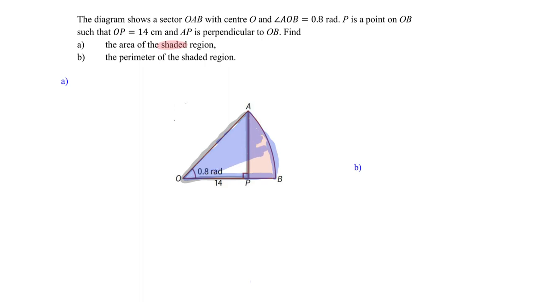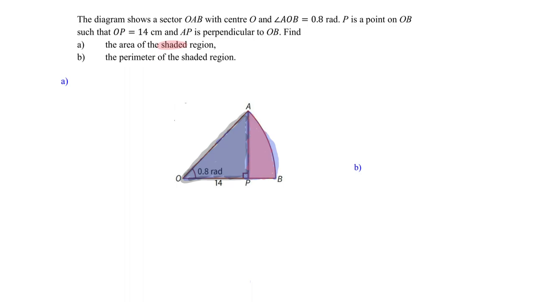Then I will need to minus away the triangle, the green color or black color. I will then need to minus away the right angle triangle so that I can get my orange, red color, shaded region.